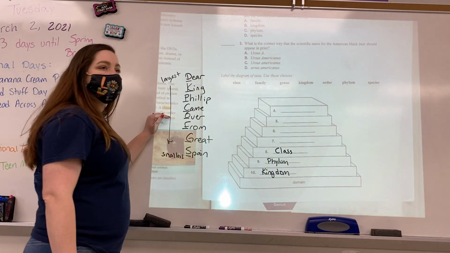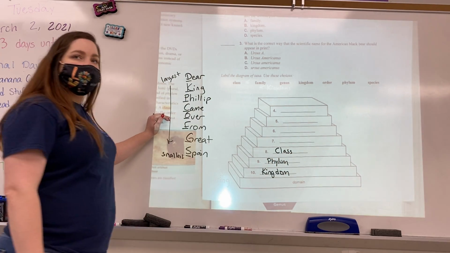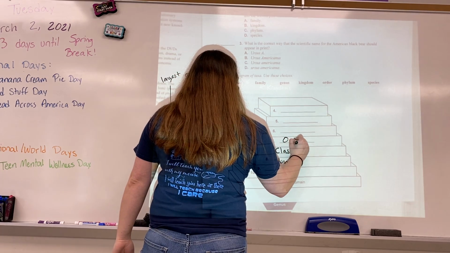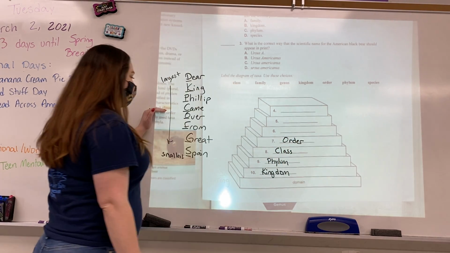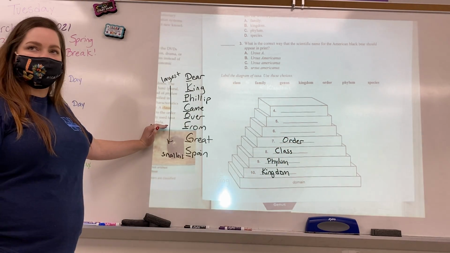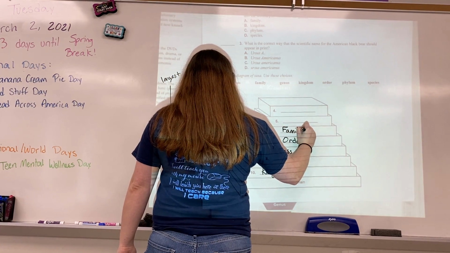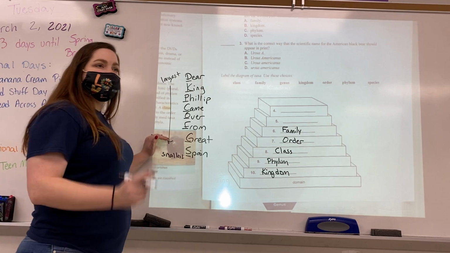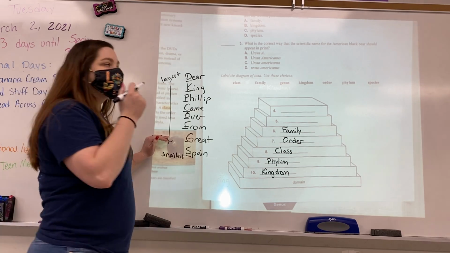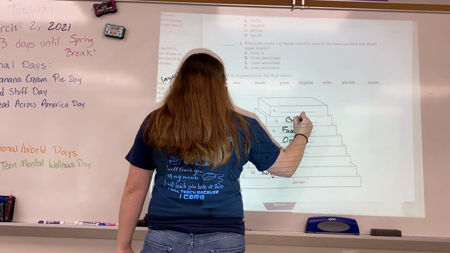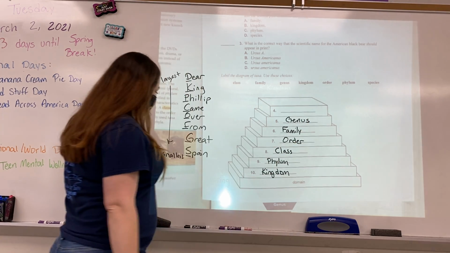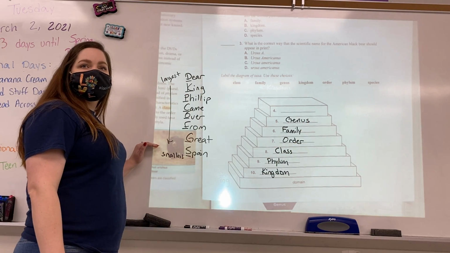Our next word is over. What starts with O? Order. Our next word is from. What starts with F? Family. Our next word is great. What starts with G? Genus. And then lastly, our last word is Spain. What starts with S?